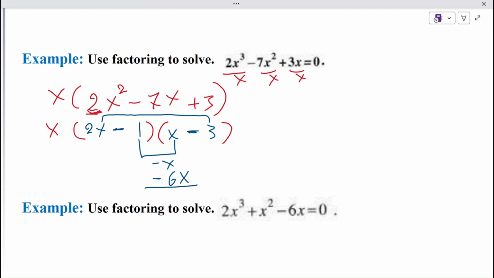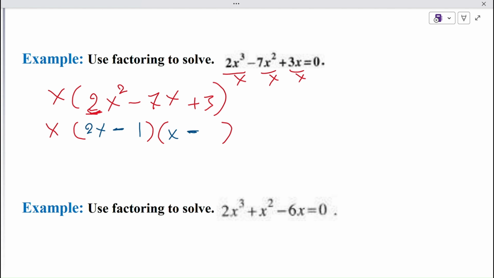We have to add them. This is equal to minus 7x. Here we have minus 7x. Yeah, look at here, we have it. So our factoring is right.